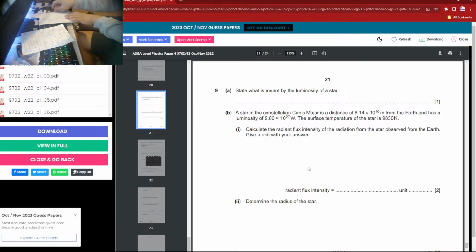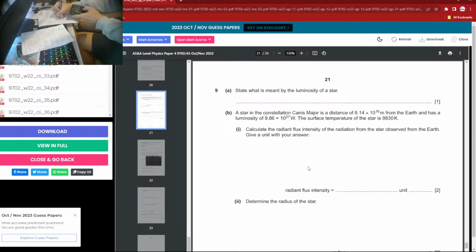You would get 9.86 times 10 to the power of 27 divided by 4 pi times 8.14 times 10 to the power of 16 squared.